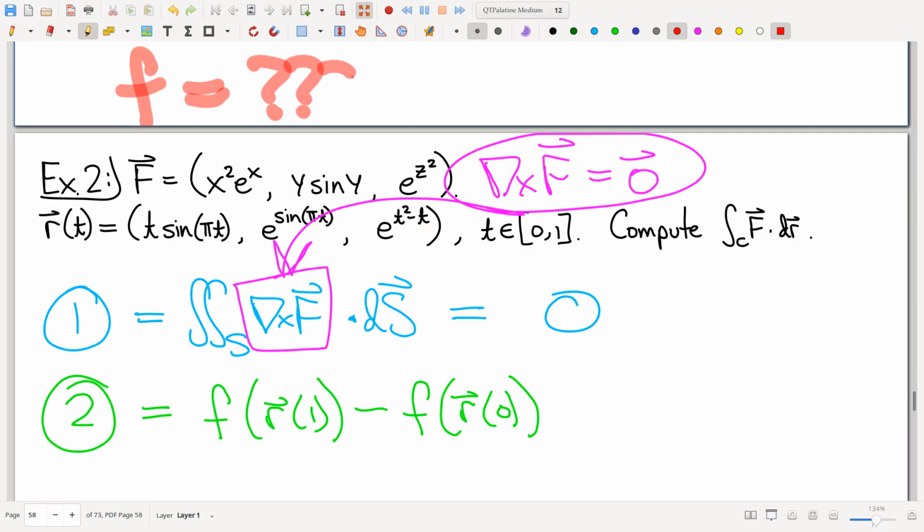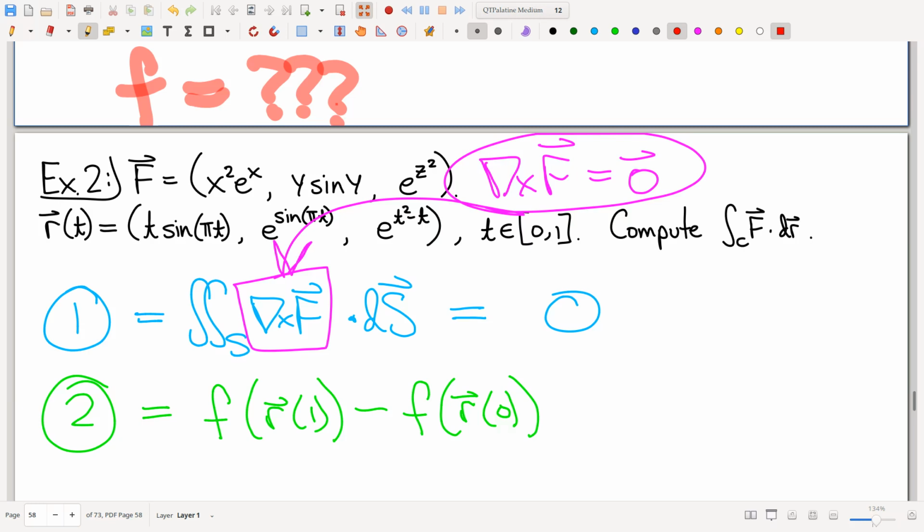How do I take the anti-gradient of this? Oh my God, I'm going to have to take an x anti-partial of that first bit there. That's integration by parts twice. Yikes. And then even worse, I'm going to have to take a z anti-partial of e to the z squared. I don't even know how to write that down without power series, and this seems like a nightmare.